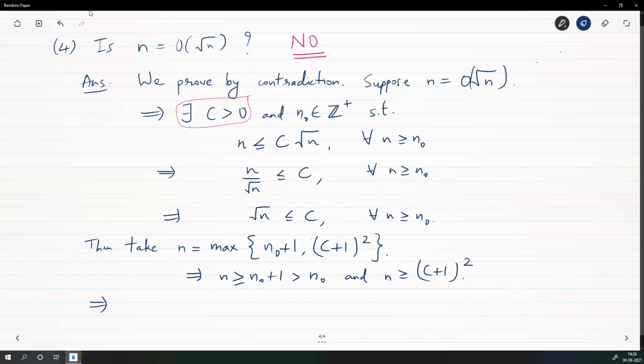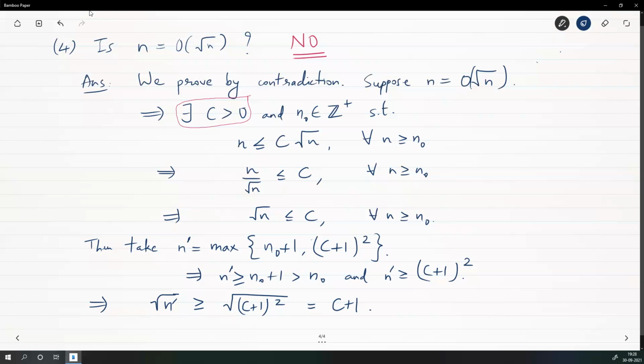This implies, for this choice of n, let's call it n prime, to be a little more careful, that square root of n prime is greater than or equal to the square root of c plus 1 whole squared. Why is that? Because n prime is greater than or equal to c plus 1 squared, and the square root of that is equal to c plus 1. So this is what we get from just this statement.